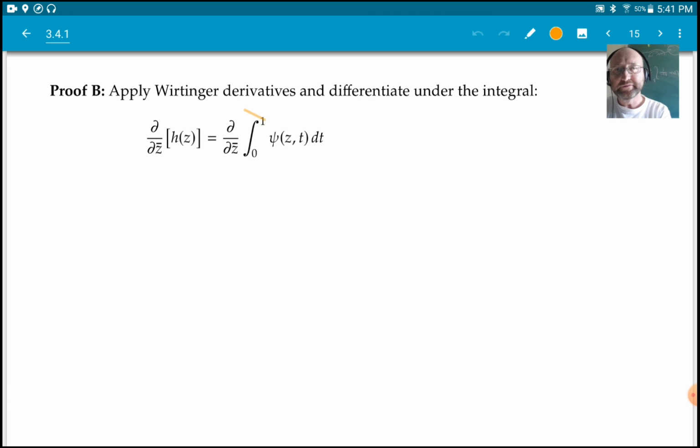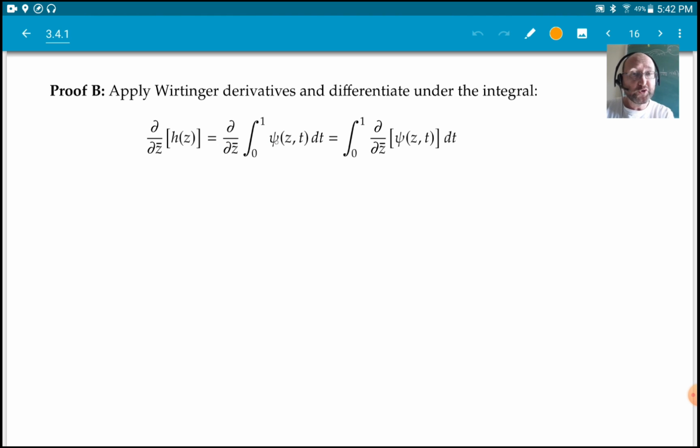So I have, that's just h of z, and I'm trying to differentiate that with respect to z bar. So using the Wirtinger derivatives, right? Again, these are derivatives in x and y somehow combined together, right? All right. So if I switch the order of these operations, let's worry about that in a little bit. Why we can do that?